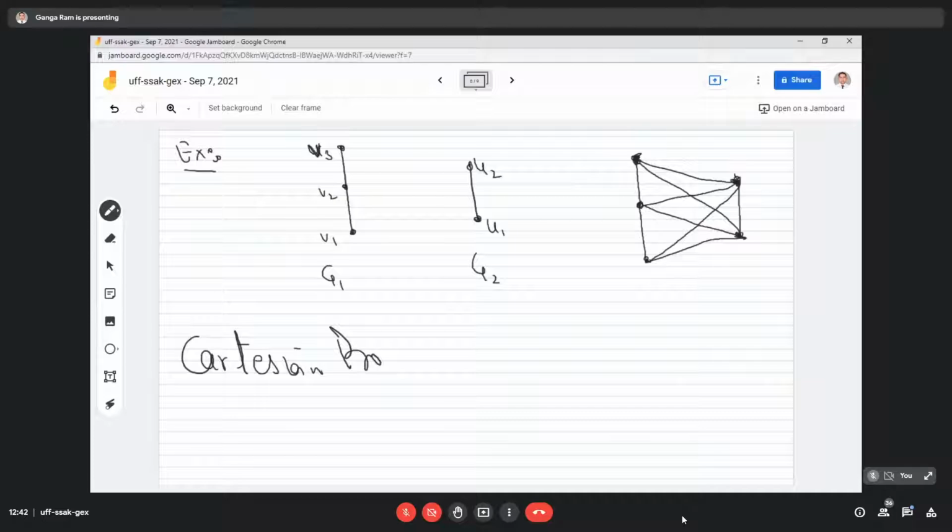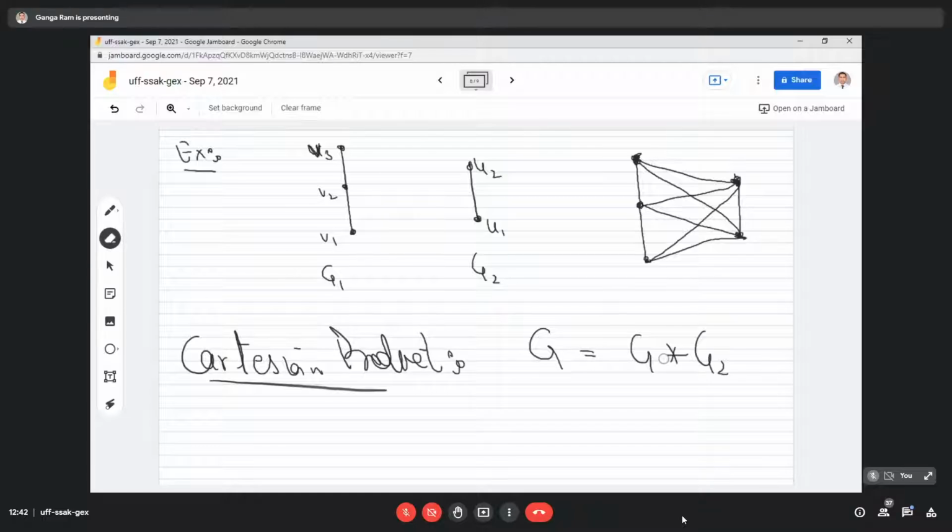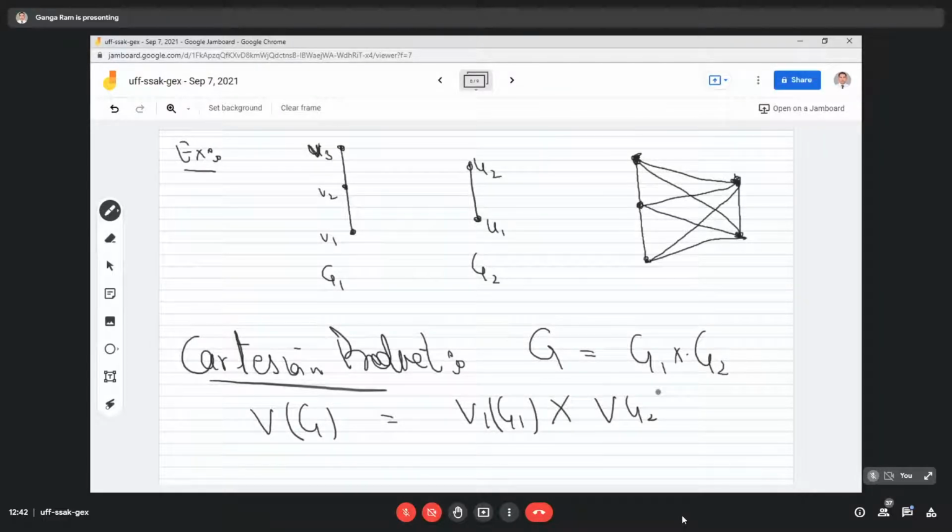Okay, Cartesian product. So what is the Cartesian product, Sam? Here the Cartesian product is denoted by G1 cross G2. Okay, Sam, here the vertex set of G will be equal to V of G1 cross V of G2, meaning if you multiply the numbers of these two vertex sets, and the edge set will be here.